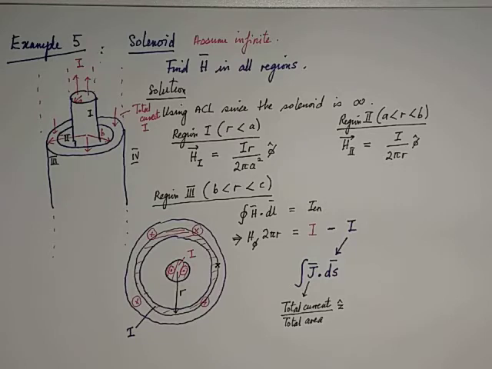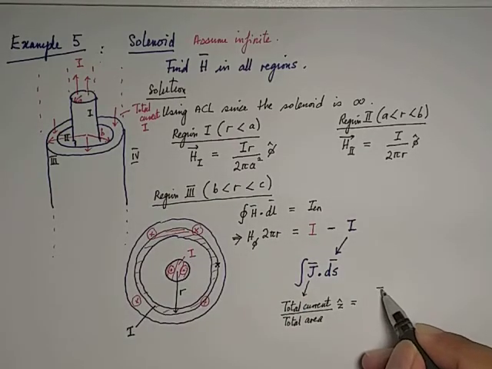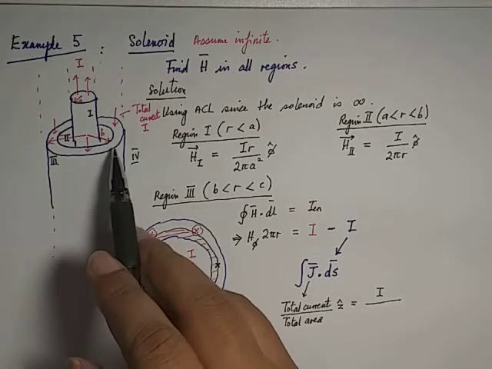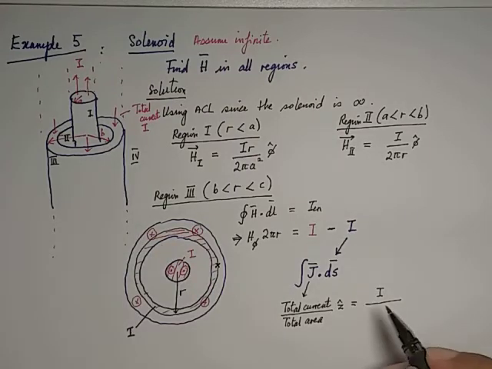Okay, so what should be the total current now in the outer region? Yes, I. And what should be the total area that you can determine in the outer conductor? Good, it should be pi C squared minus B squared, correct?